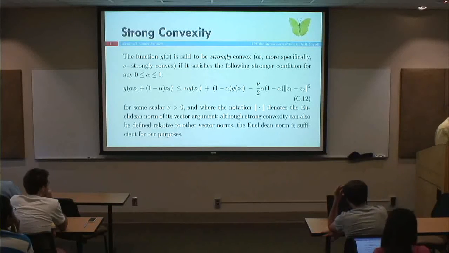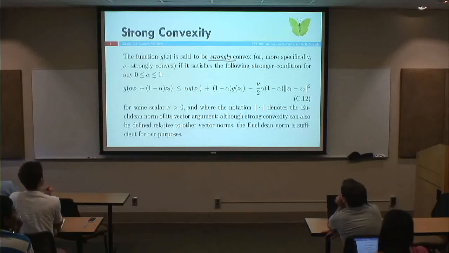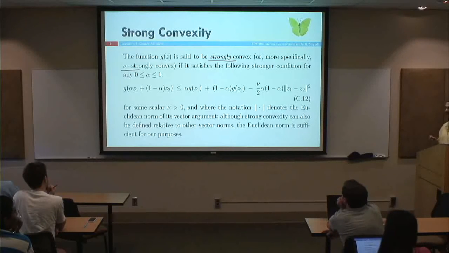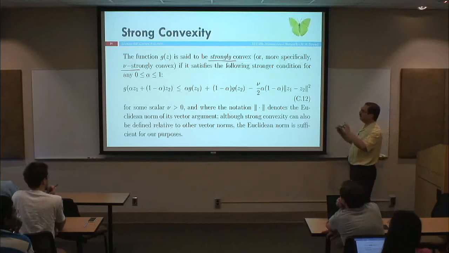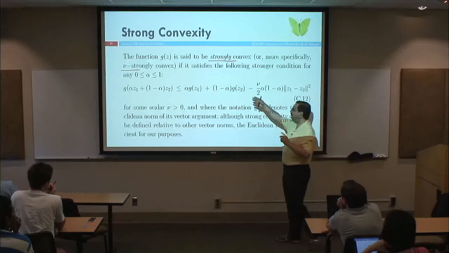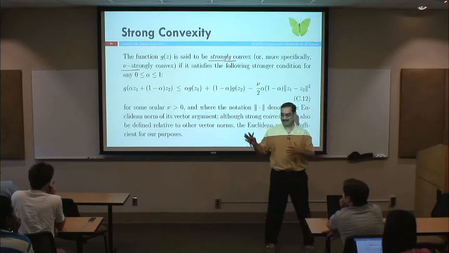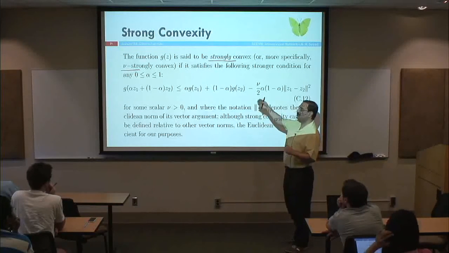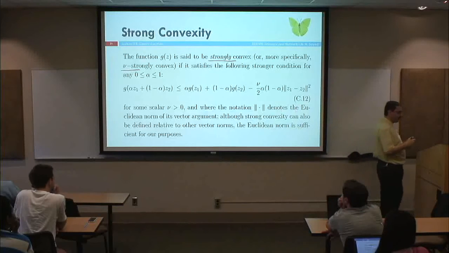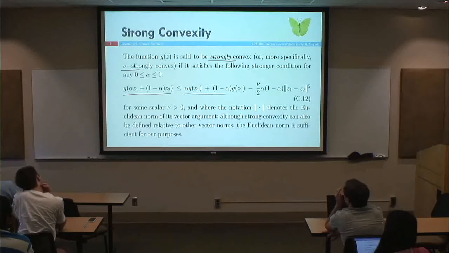So the function is strongly convex. Actually, to be more precise, we always attach a label to it and say nu, or whatever symbol you use for that, alpha or mu or nu. I'm using nu just because mu and other symbols are used for other things in these notes. So nu strongly convex, what does it mean? This is the definition of convexity that we saw before.